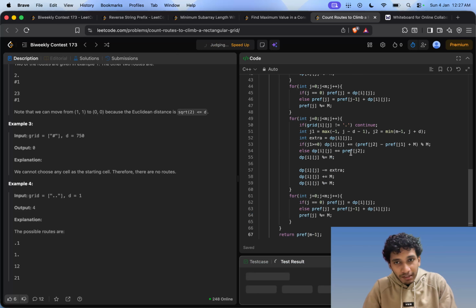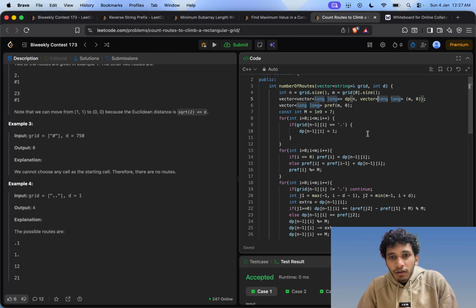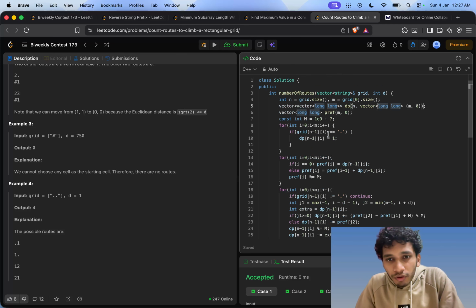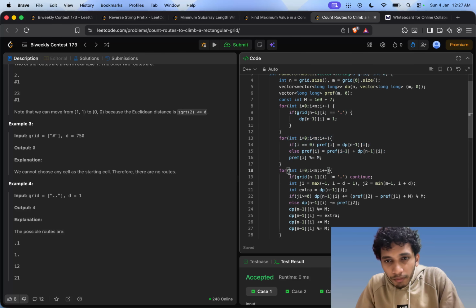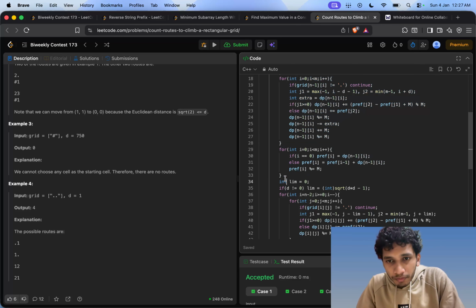What is the time complexity of this code? We have just built a DP array of size n cross m, and taking modulo with m. Okay, so this particular loop is O of m. This particular loop is an O of m loop. Then here also O of m loop. Here also O of m loop.